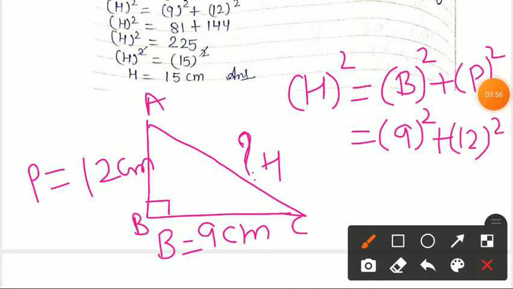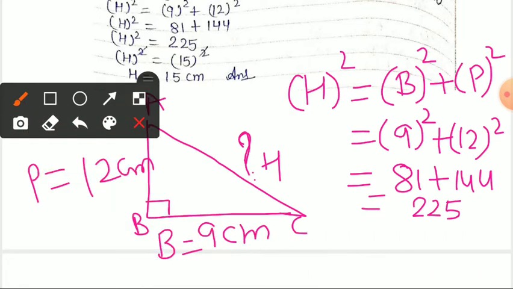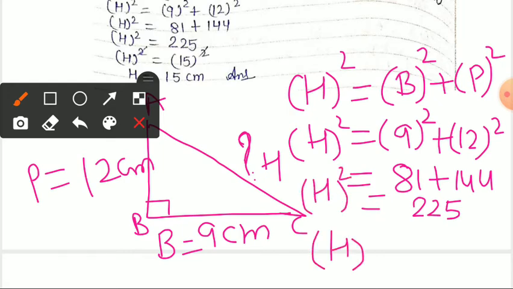Let's solve the squares. 9 times 9 is 81, 12 times 12 is 144. When we add, it will be 225. Now on the left hand side it is hypotenuse square, and right side is 225. Can we write 225 as a square term? You need to find for which number it is a perfect square.